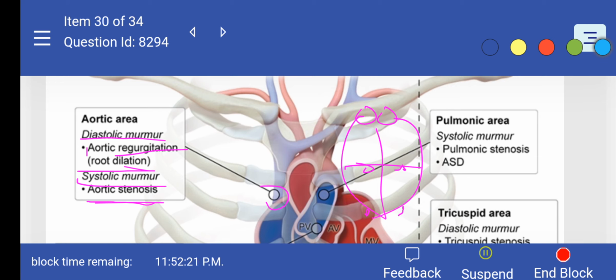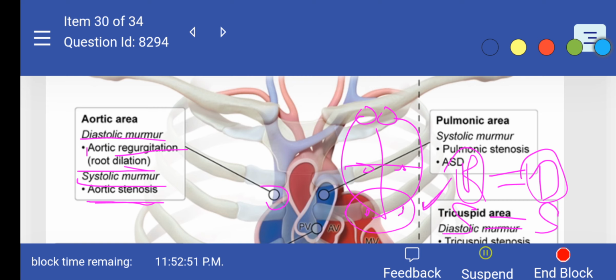In case of these semilunar valves, if there is regurgitation, that would produce a diastolic type murmur, right? But if there is stenosis in case of the pulmonic valve, that would produce a systolic murmur, right? If there is regurgitation, that would produce a diastolic murmur. If there is stenosis, like aortic stenosis or pulmonic stenosis, that would produce what?